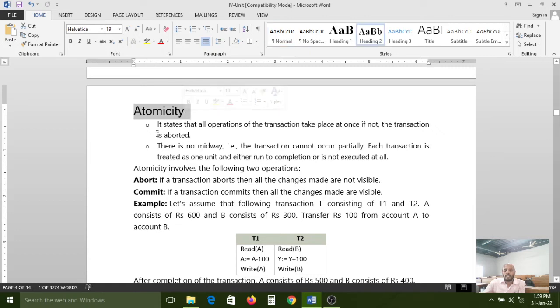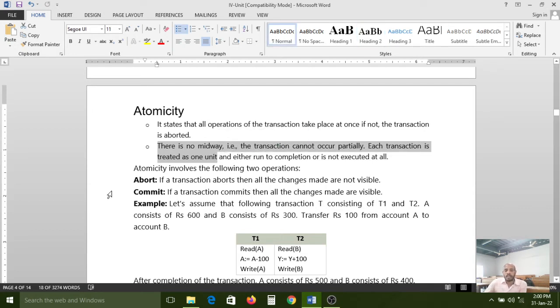Atomicity property is always observing whether the transaction is successful or not from the starting to the ending point. There is no midway. That means the transaction cannot occur partially. Each transaction is treated as one unit.